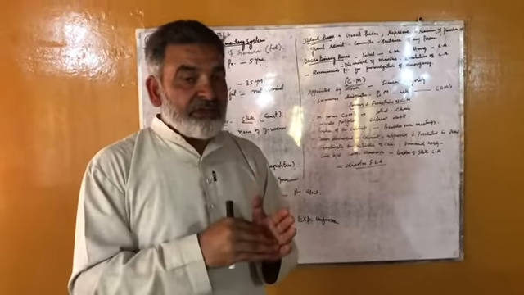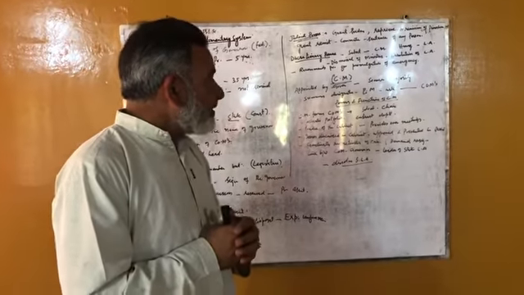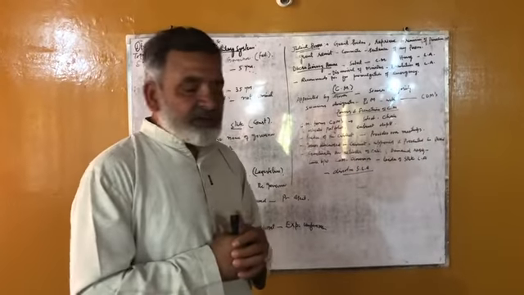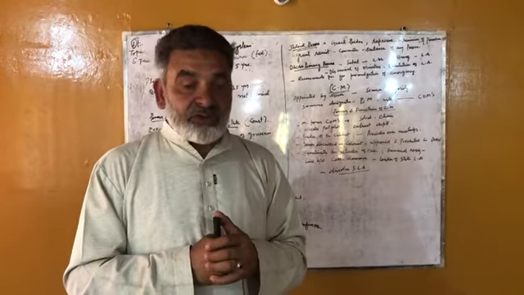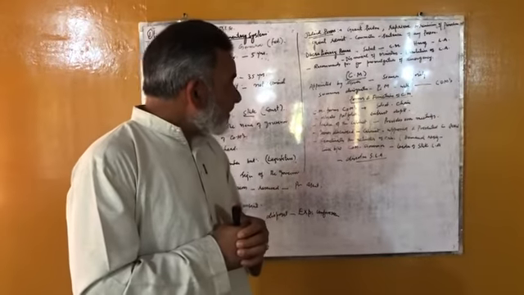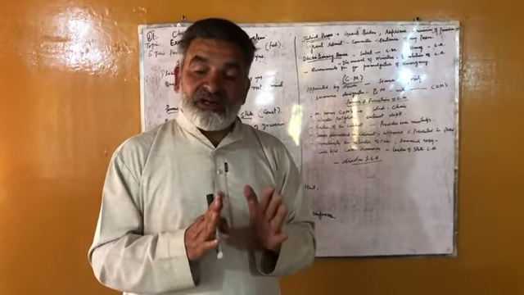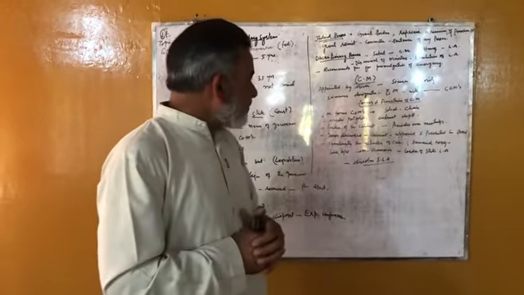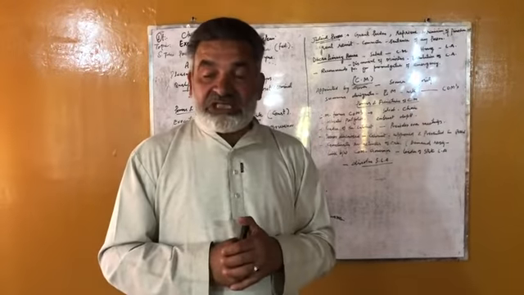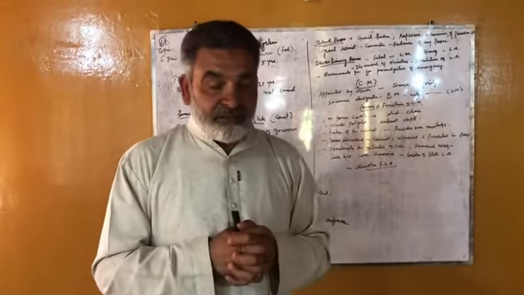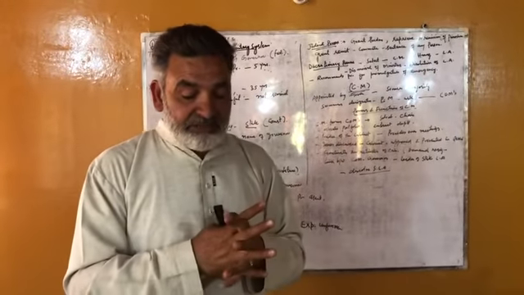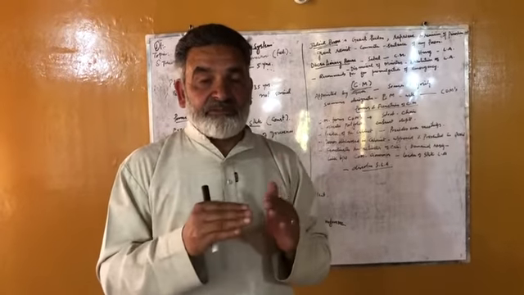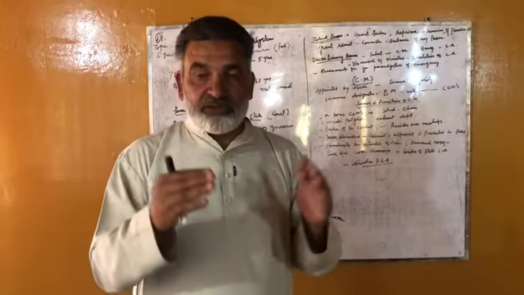As such, the governor summons the party leader and swears him in as the chief minister of the state, and he asks the chief minister to constitute the council of ministers. So the functions of the chief minister are like the functions of the prime minister in the center. When the chief minister is appointed by the governor, he then calls the meeting of his party and selects the members for giving them the portfolios in the cabinet.